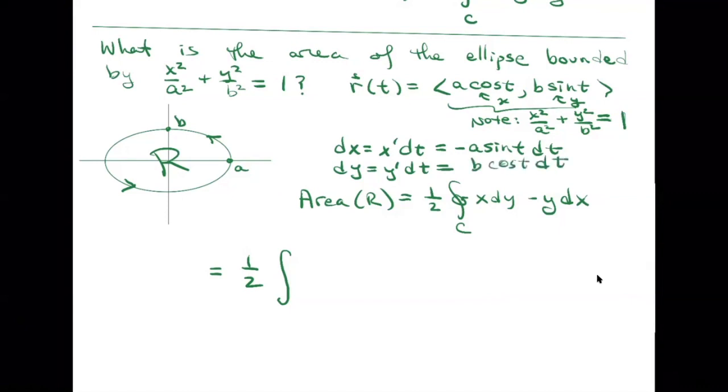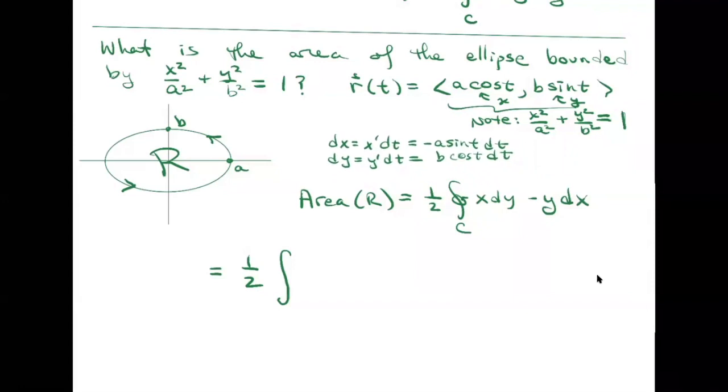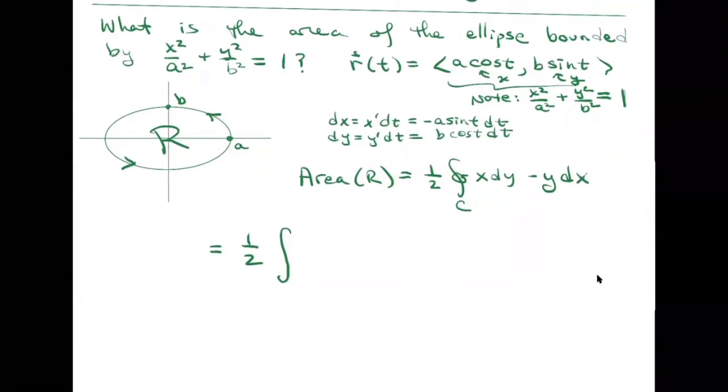Okay, so I think we're ready to go. So 1/2 out front, then you do an x dy. So x was a cos t. dy is b cos t dt.